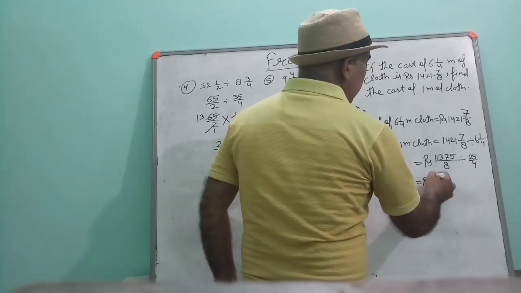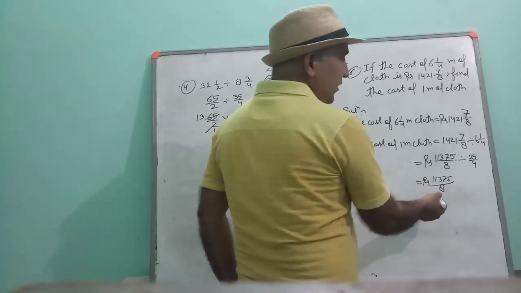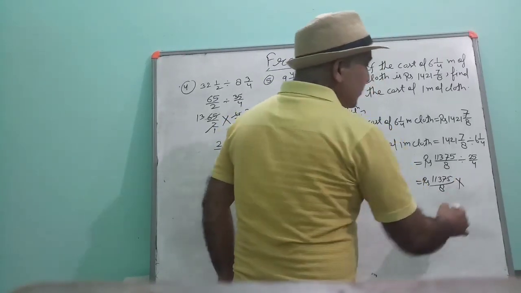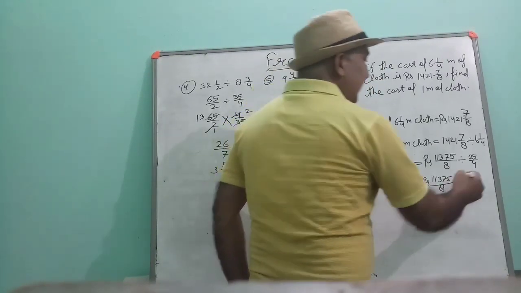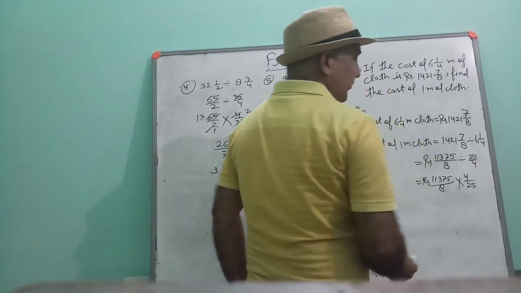Now this term will be same as, in the place of division we will put a multiplication sign, and 25 by 4 will become 4 upon 25.